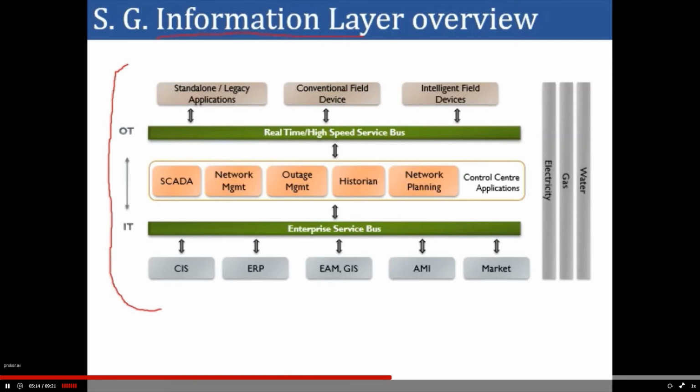We also discussed that the data received at the field is first communicated to the high-speed service bus for real-time data operations, and then the OT application receives that data, processes it, and then it is shared with the enterprise service bus for the data to be consumed by various IT applications such as customer information system or ERP or GIS, AMI, and so on.